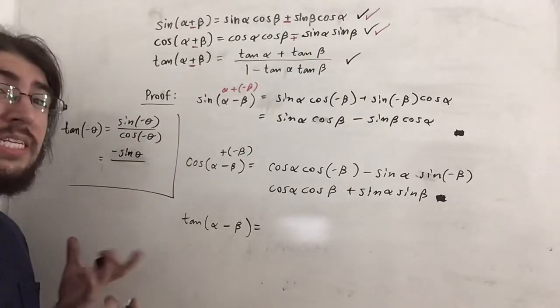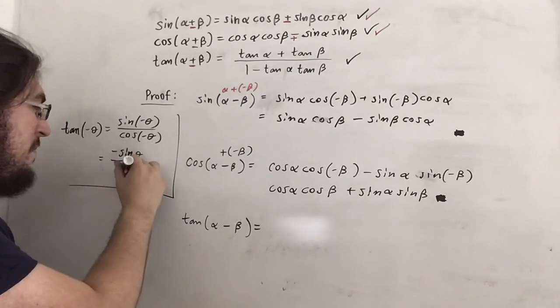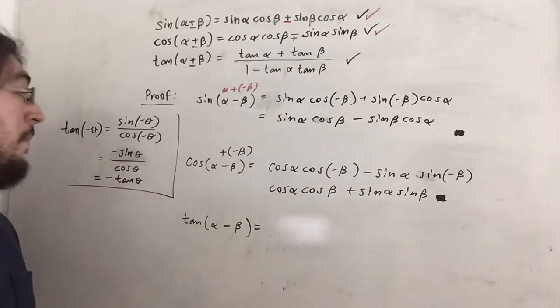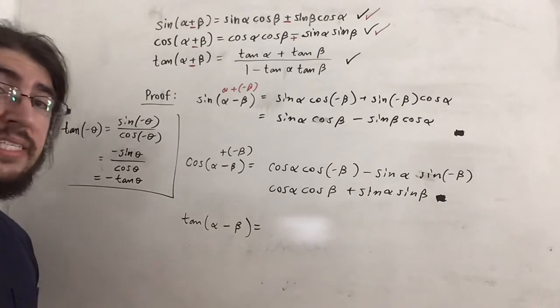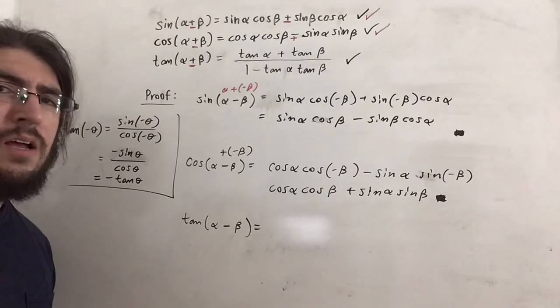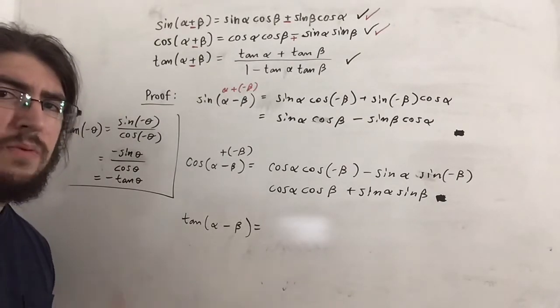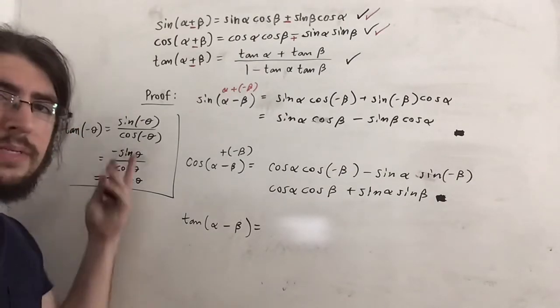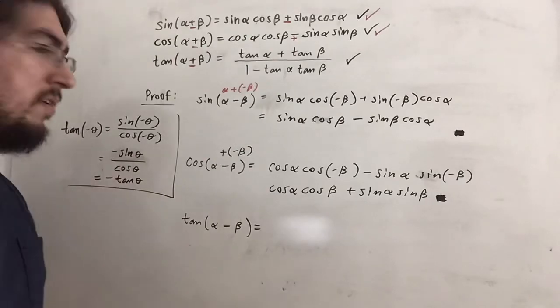But since cosine is even, the negative just goes away. And notice this is really just negative tangent of theta, meaning tangent of negative theta is negative tangent theta, so tangent is actually odd. We've seen this before, I've mentioned this before in fundamental properties, or fundamental identities, I should say. But I'm just kind of showing that there's a really simple way to verify that.